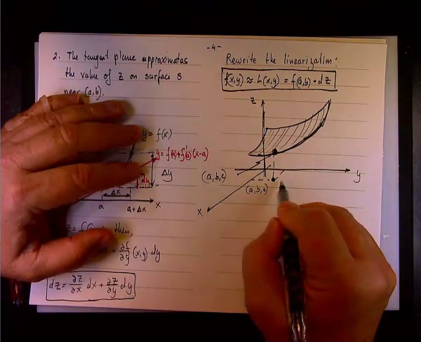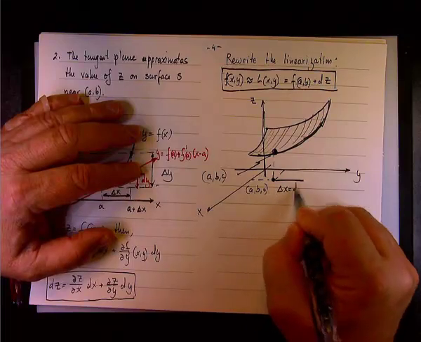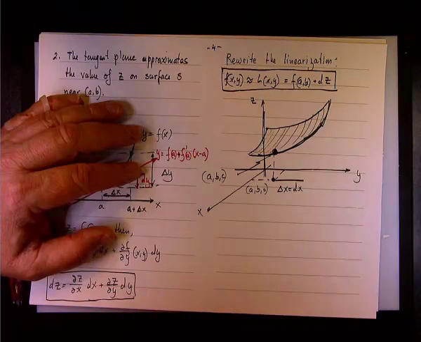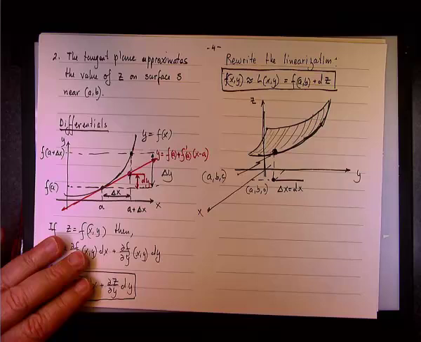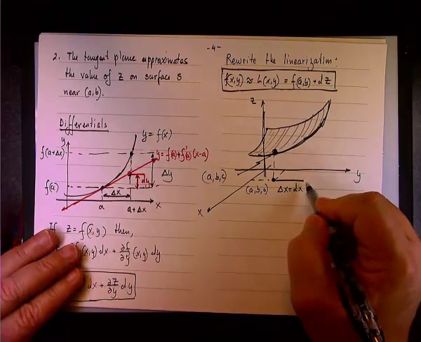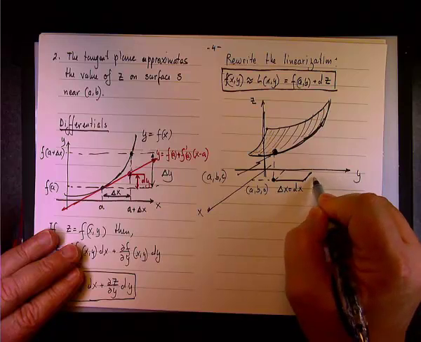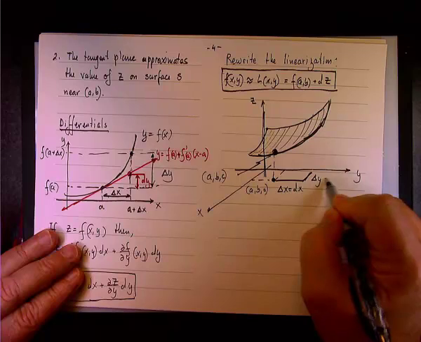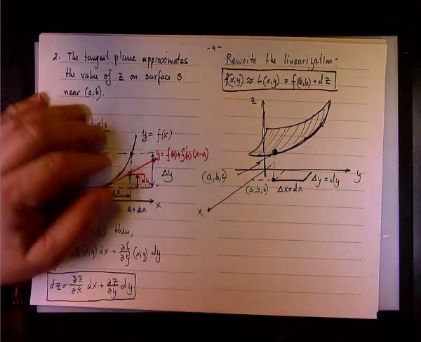Now I'll give it a little bit of add-on. This will be delta x, and I'll make delta x so small, this is exaggerated, that I can consider it to be dx, and in this direction I'll give it delta y, and I'll consider it to be dy.